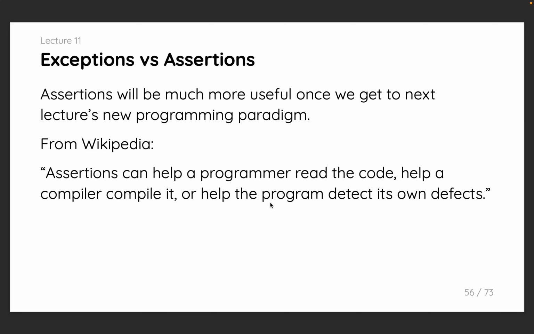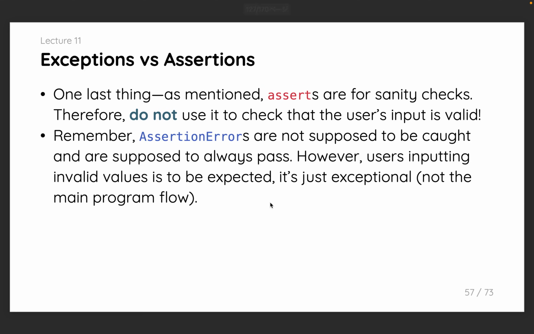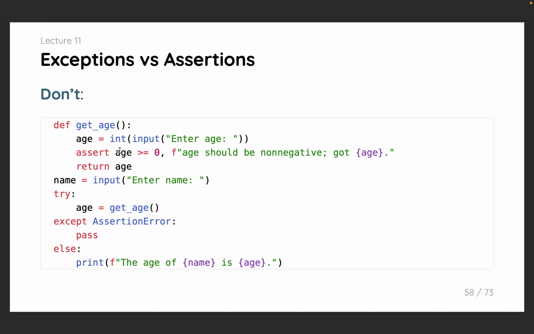Again, if there's something you'll take out of this section, assertions are for checking that the programmer is doing the right thing, not the user. Okay, so with that in mind, don't use assertions to judge the user. So if the user gives an invalid input, you're not supposed to use an assertion for that.